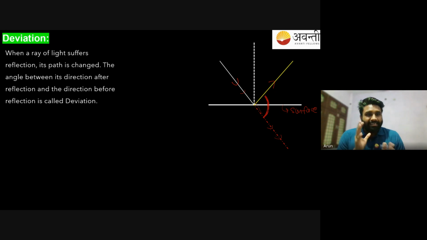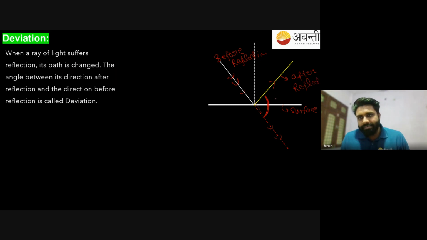The deviation is the angle between the direction of the reflected ray and the direction before reflection. So this is the direction before reflection, and this is the ray after reflection.